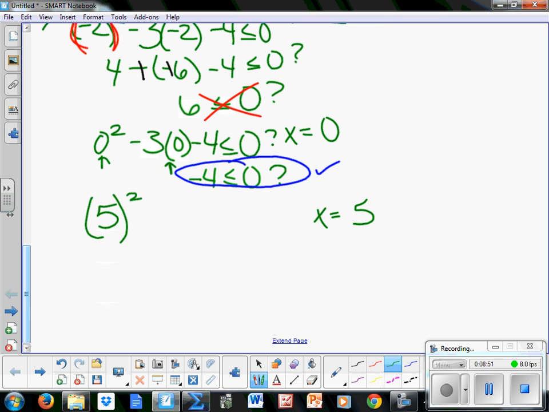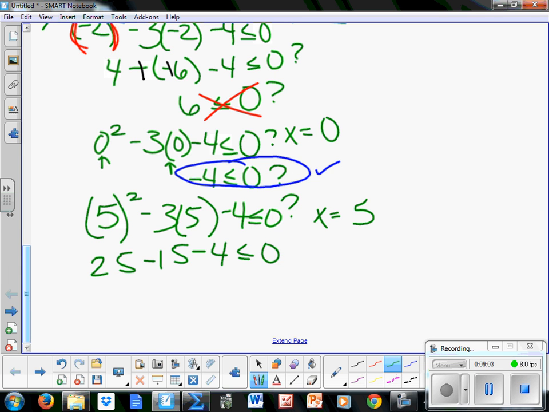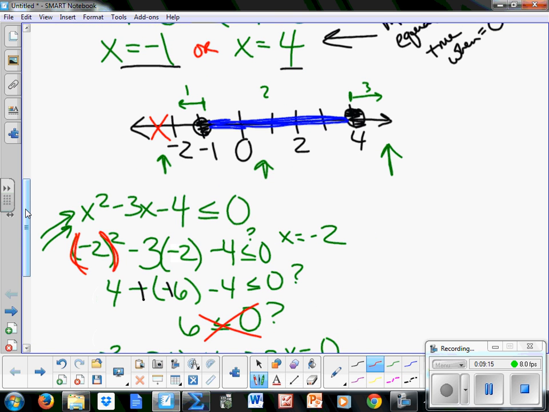So 5 squared minus 3 times 5 minus 4 is less than or equal to 0. Is that true? We have 25 minus 15 minus 4. 25 minus 15 is 10, minus 4 is 6. Is 6 less than or equal to 0? No. So again, we cannot shade this region over here.